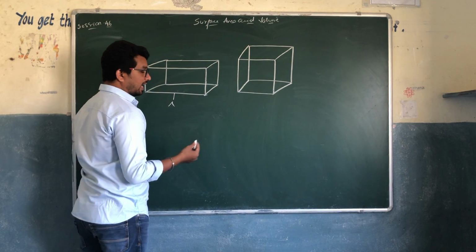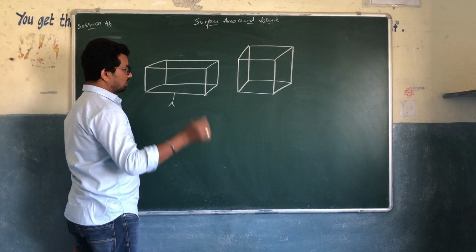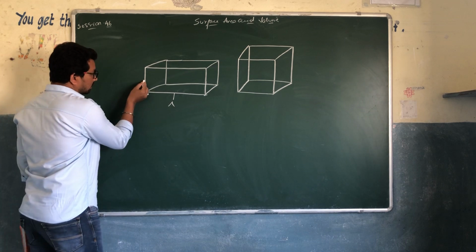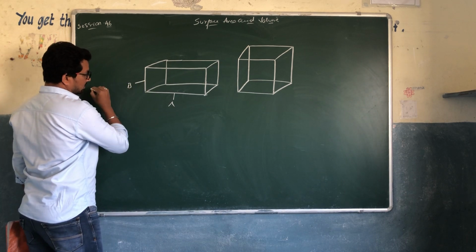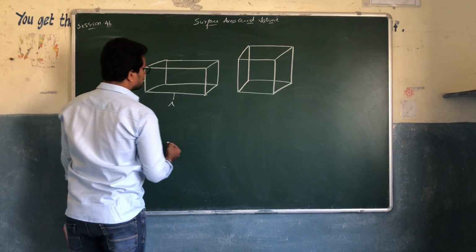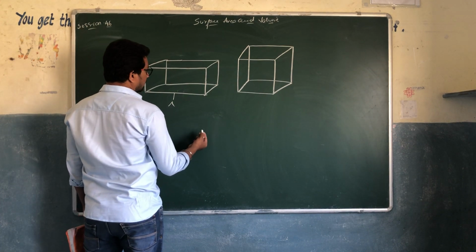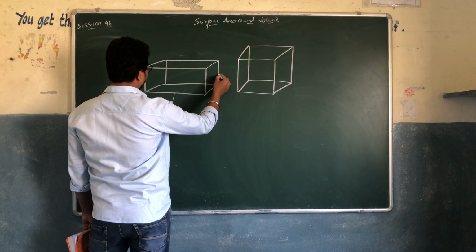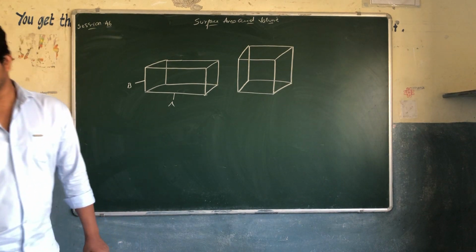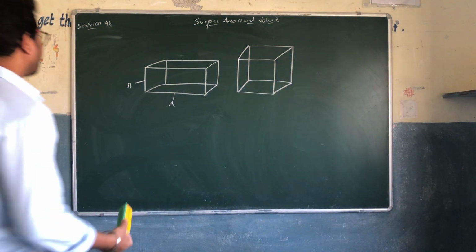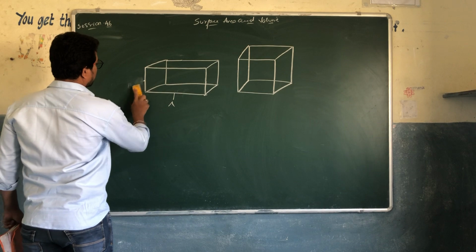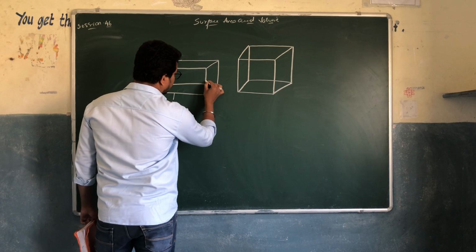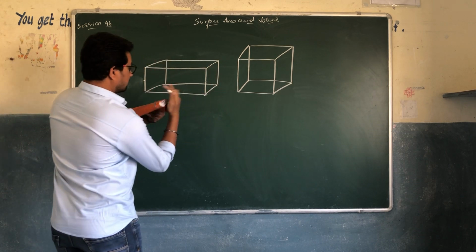Okay, look at the board very carefully. This one is breadth. Okay, and one more. See, if you observe this one, here to here, the side one is there, no?